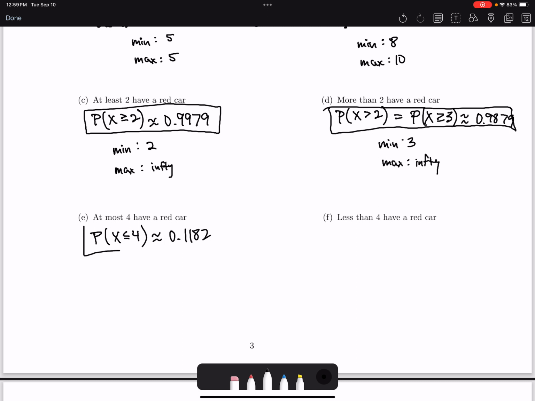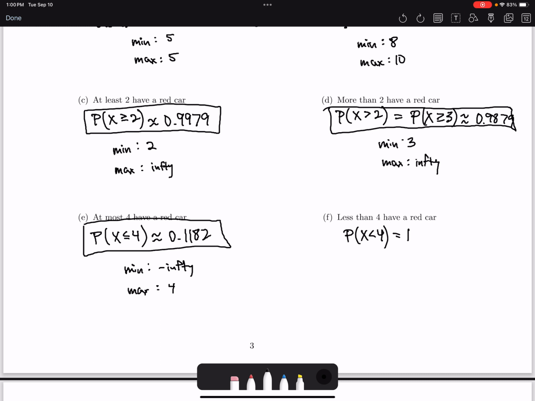And for this one, we put our minimum at negative infinity, and we put our maximum at 4. Actually, for the negative infinity, what we actually typed was negative INFTY, right? Okay, and then finally, probability x is strictly less than 4. Well, then we shouldn't include 4, right? We should just have 3, 2, 1, 0.